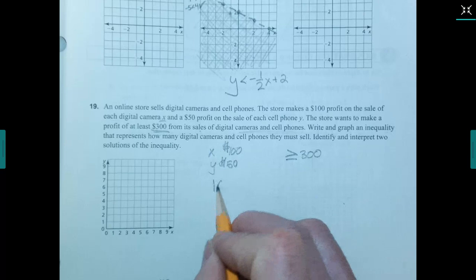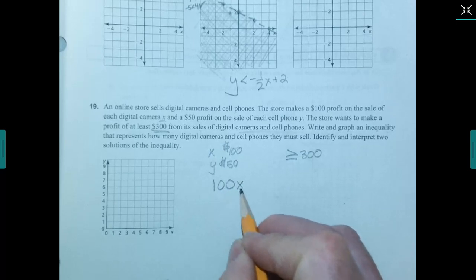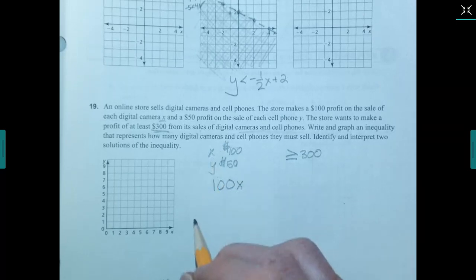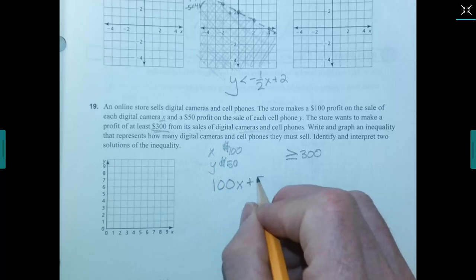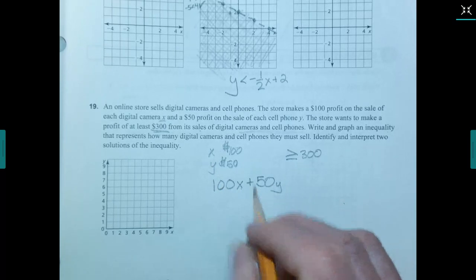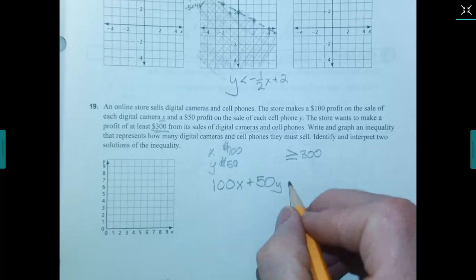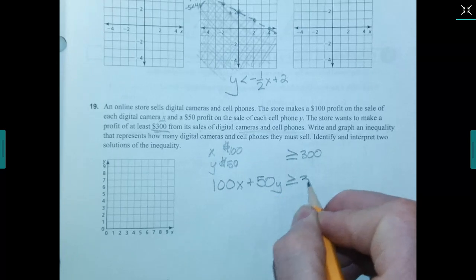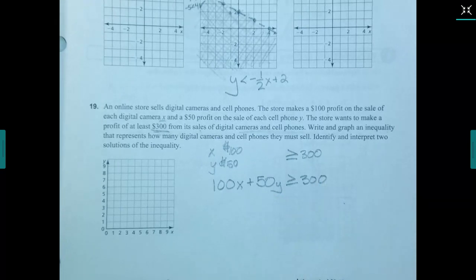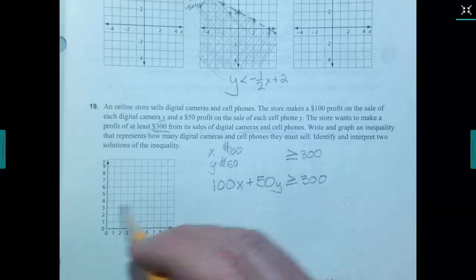So we have 100 times however many digital cameras we sell, plus $50 times how many cell phones we sell, which is greater than or equal to $300. So, can you graph that on this?